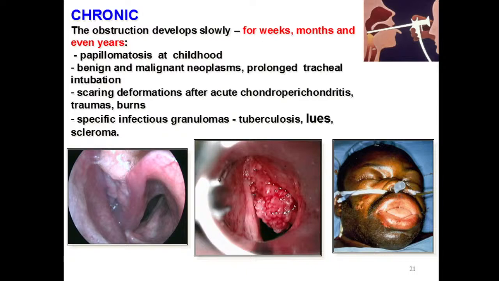But unfortunately, many developing countries have no possibility to do timely screening of special groups of patients, and it leads to a situation when a tumor is quite big in the larynx and leads to laryngeal obstruction, to laryngeal stenosis, and such patients appear in the ENT clinic with stenosis that requires emergency operation.